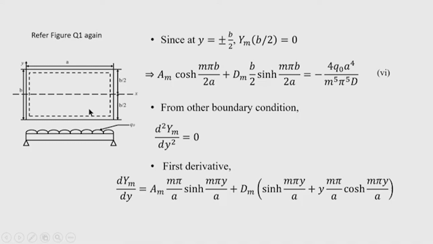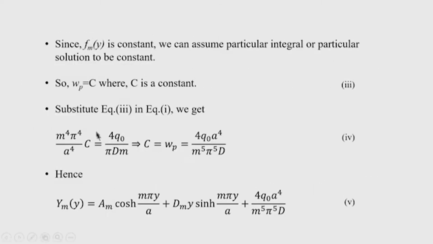So, first applying the boundary condition on this edge, y equal to b by 2, on deflection. Okay. So, the deflection series, that means this expression, will come, and when you substitute y equal to b by 2, this function will be 0 of course, because at y equal to b by 2 your deflection is 0.